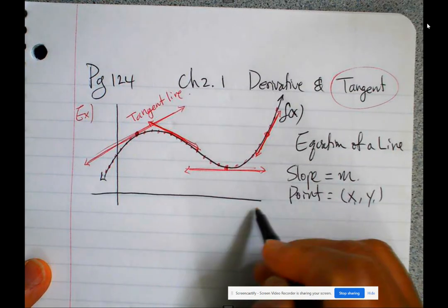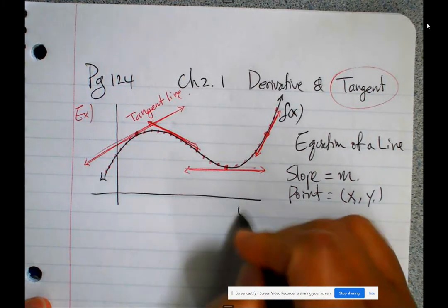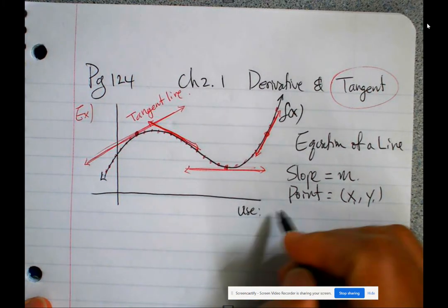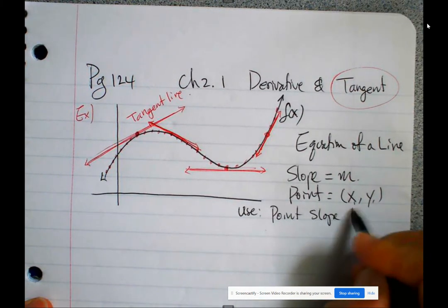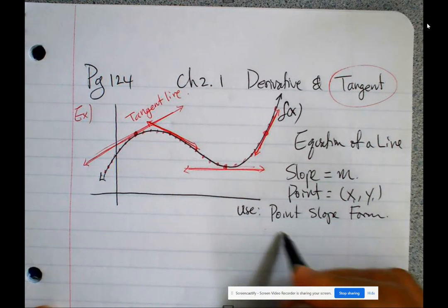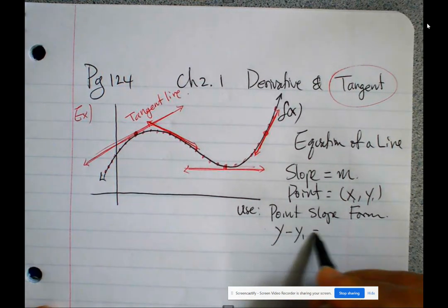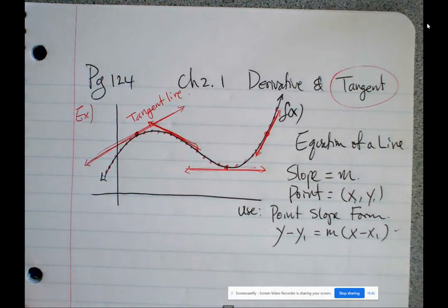We can use any type of linear equation, but I want you to use point slope form for this class. Do you guys remember your point slope form? y minus y1 is equal to m times (x minus x1). I want you to use that.